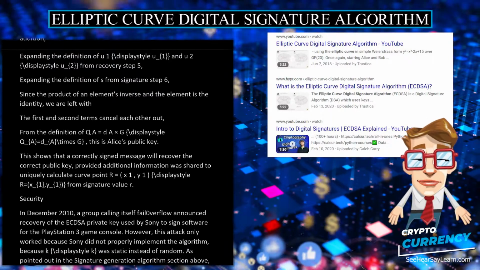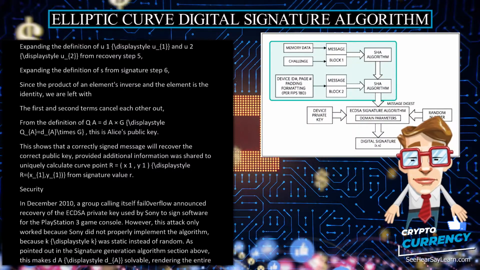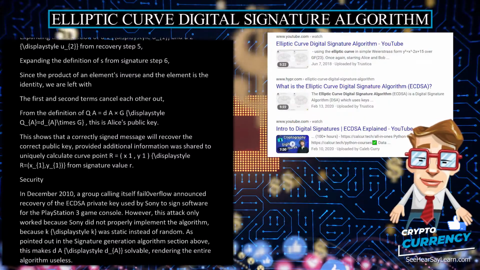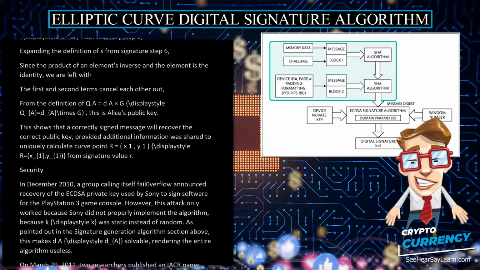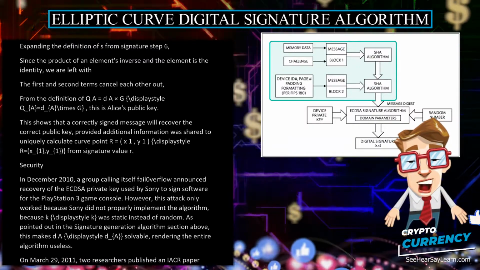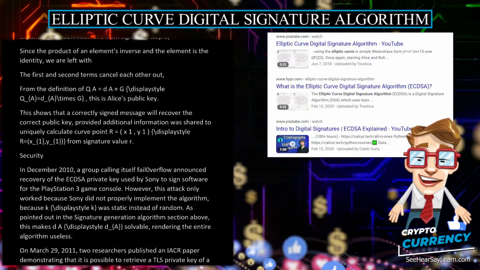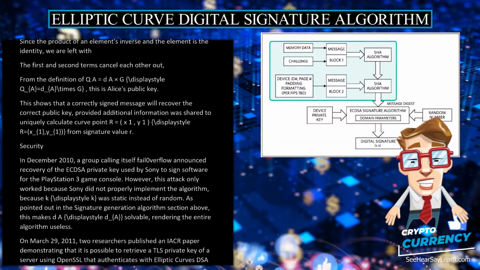shared to uniquely calculate curve point R equals (x1, y1) from signature value r. Security. In December 2010, a group calling itself fail0verflow announced recovery of the ECDSA private key used by Sony to sign software for the PlayStation 3 game console.